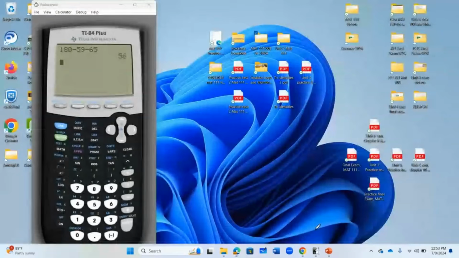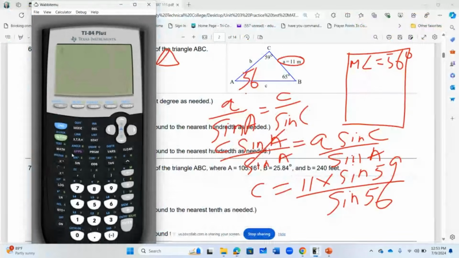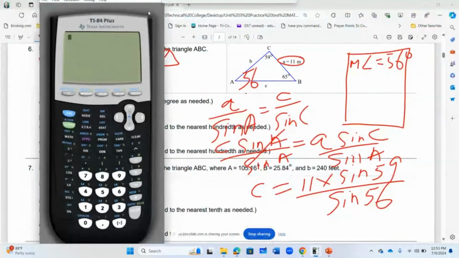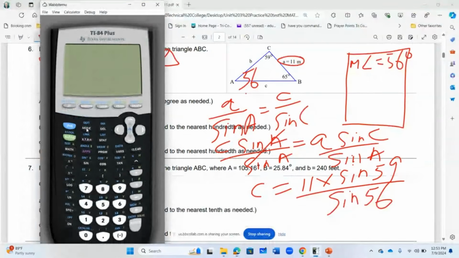I'm going to clear, and I'm working in degrees. So I'll put my mode in degree because the angles are in degree. If the angles are in radian, then I will put my mode in radian.